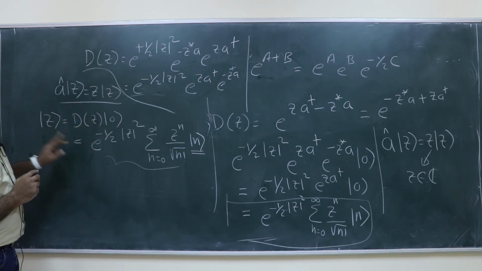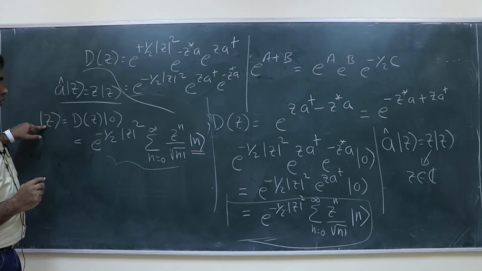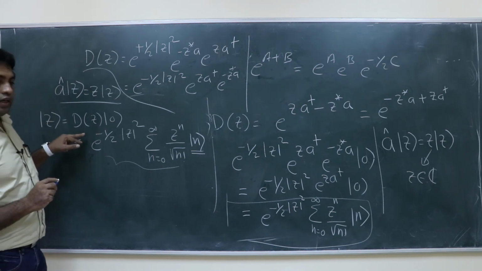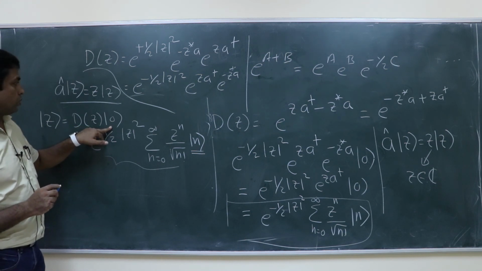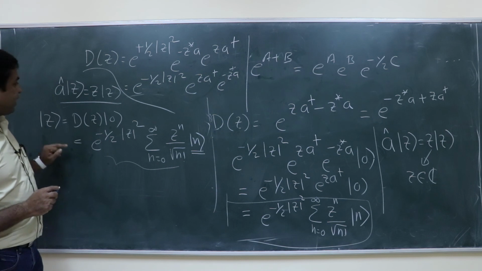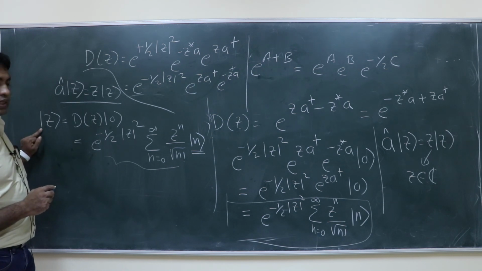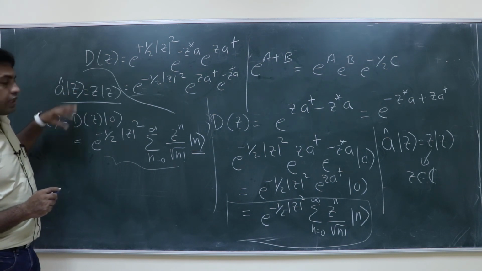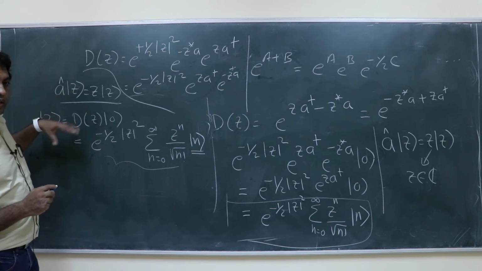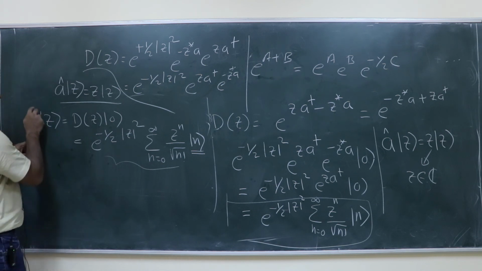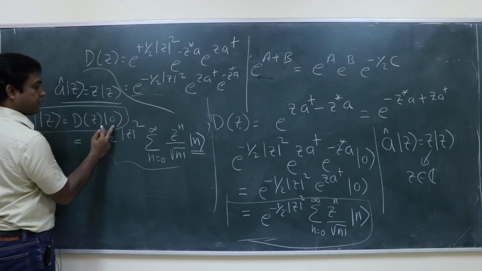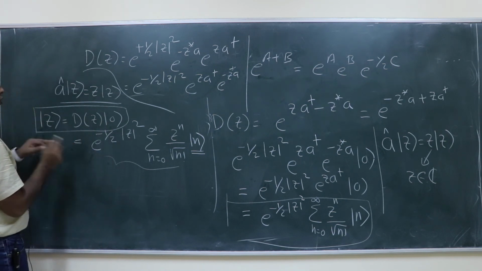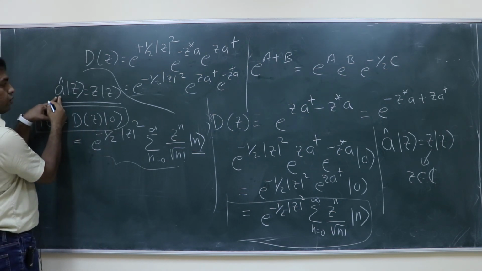Now you have seen that this ket z is actually the displacement operator acting on the ground state ket 0, so that way also you get the same state ket z. So the coherent state you can define in many ways. One is the action of the displacement operator acting on ket 0, or it is an eigenstate of the annihilation operator A.